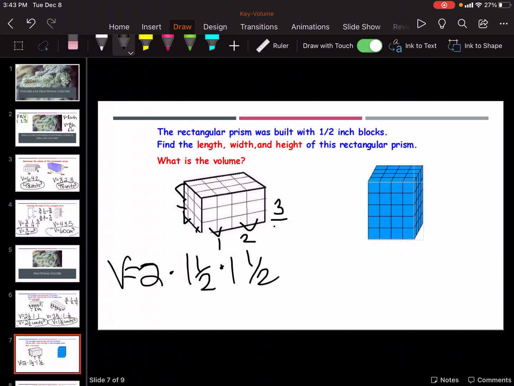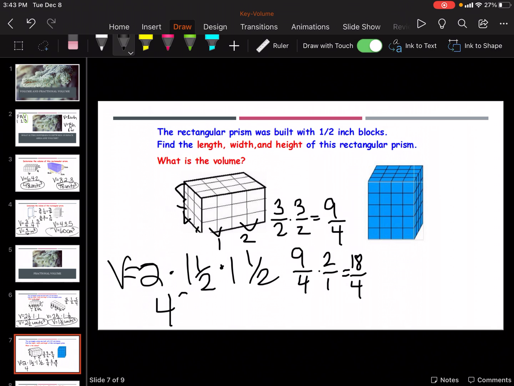This can be 3 over 2 times 3 over 2. 3 times 3 is 9 over 4. I'm going to just keep it that for now, times 2 over 1 is going to be 18 over 4. 4 goes into 18 4 times with 2 left over. So 2/4, so 4 1/2 units cubed.